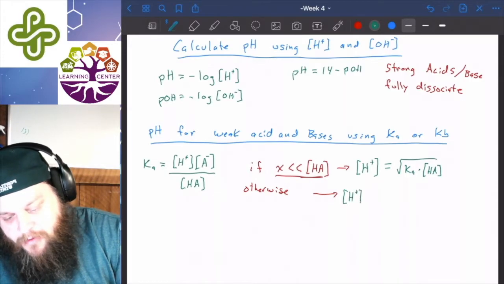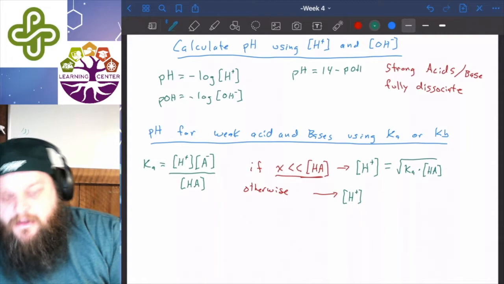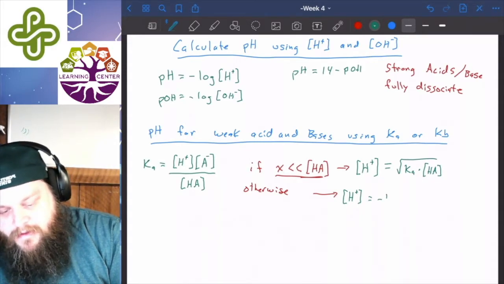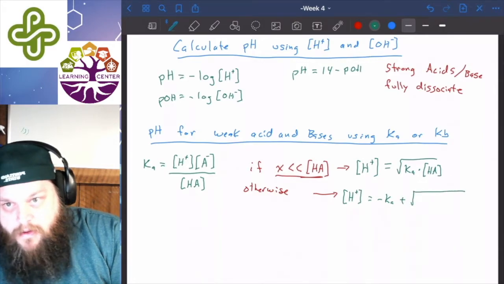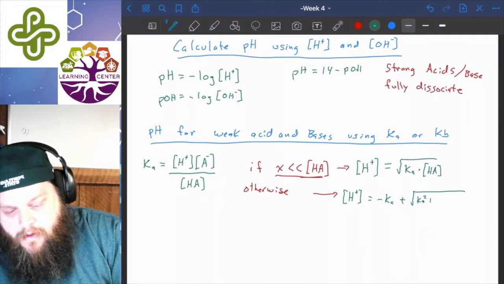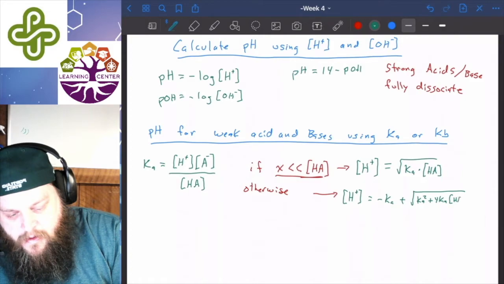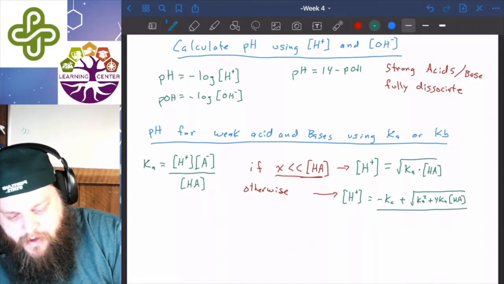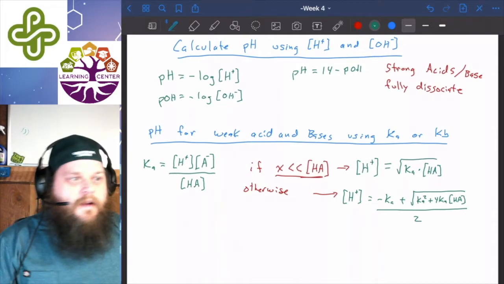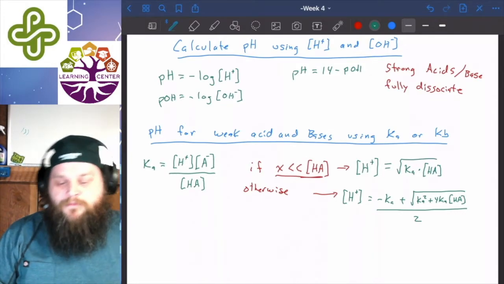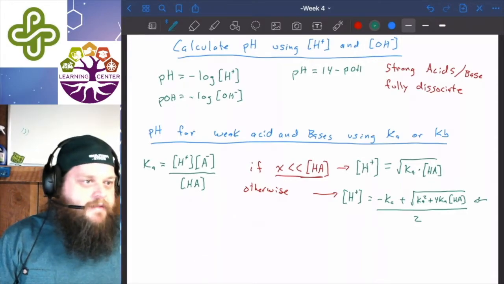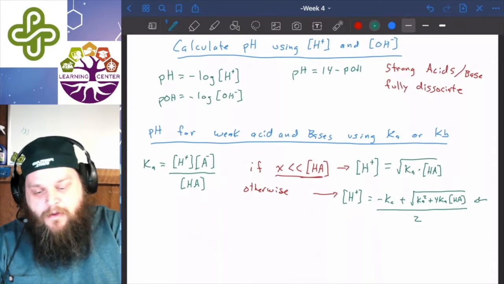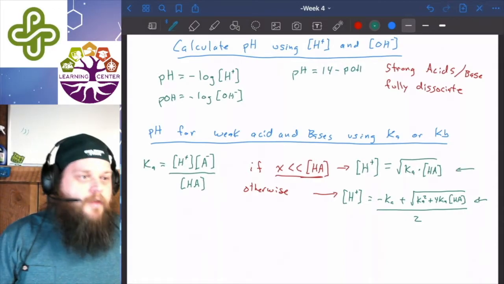And this quadratic formula tells us that the concentration of hydrogen ions is negative Ka plus the square root of Ka squared plus 4 Ka times the concentration of the acid, that whole thing divided by 2. So this quadratic will always work. It'll always give you the right answer, but sometimes it's more work than you need to do. If you can approximate it using this, go ahead.